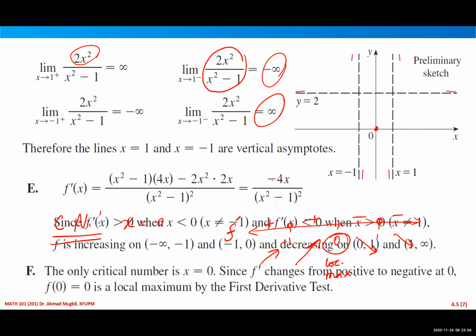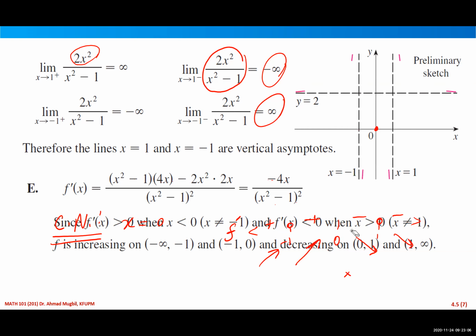Doctor, do you think that the information or the guideline for drawing a sketch is more than what we need to draw a sketch? For some functions, yes. Like this function, it is more than we need. Of course, sometimes you know how to sketch this graph, shabab, from 0, 0, 1.